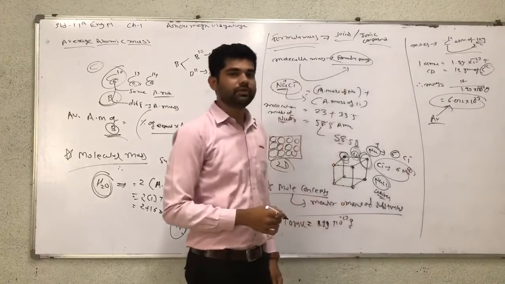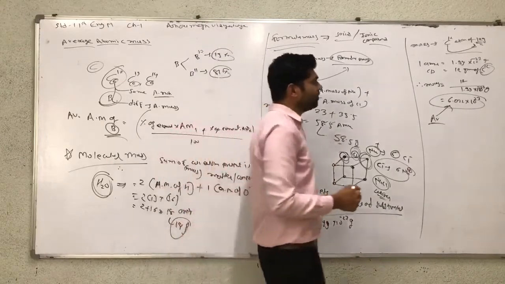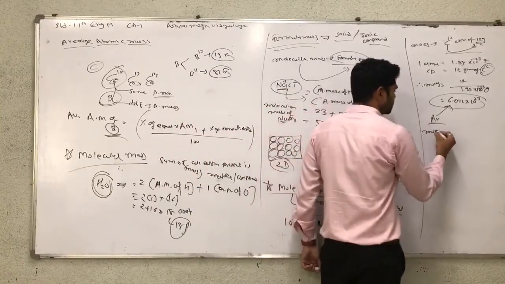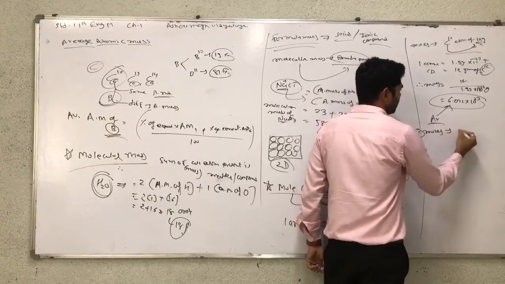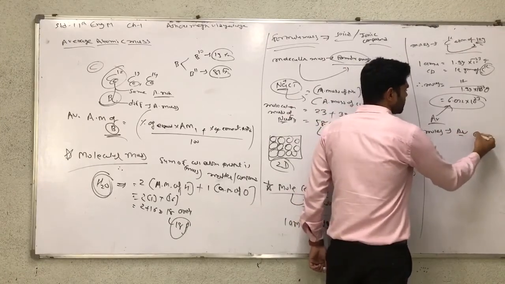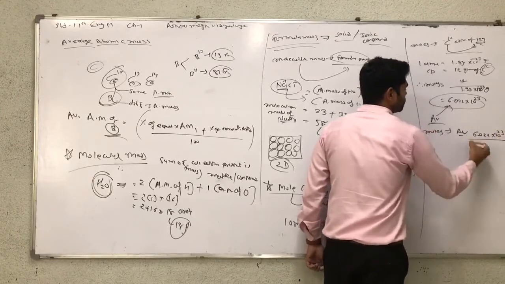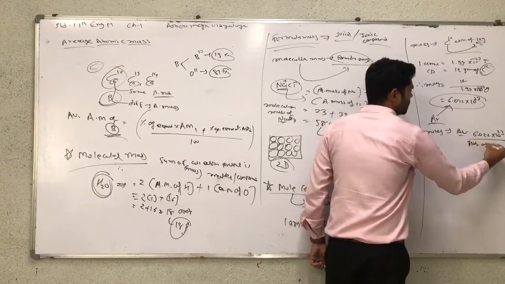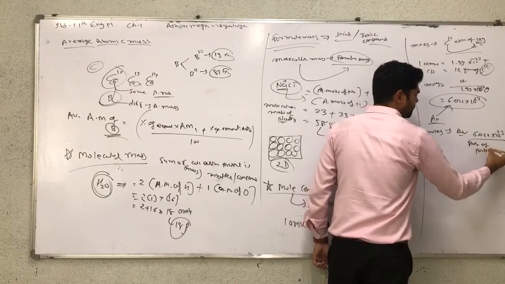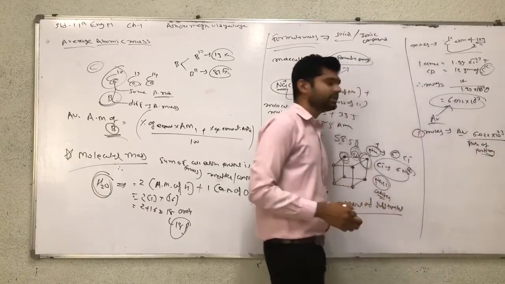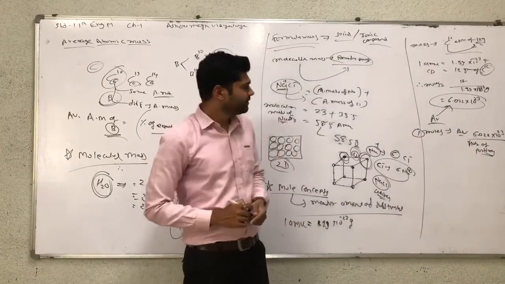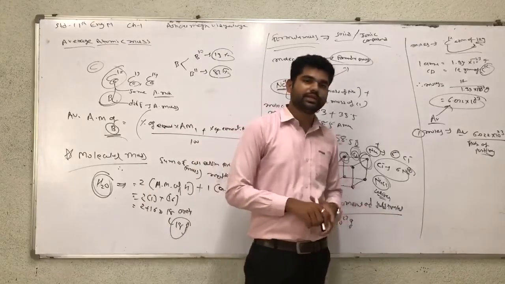So we have to find the value of a mole. It means how many particles? 1 mole means Avogadro number. It means 6.022 into 10 raised to 23 number of particles. So after this study, the mole concept is clarified with the Avogadro number.